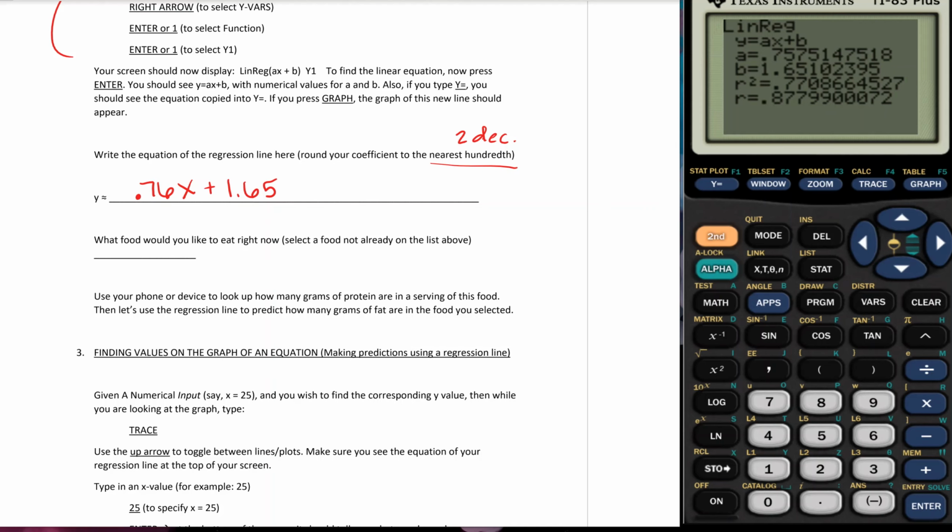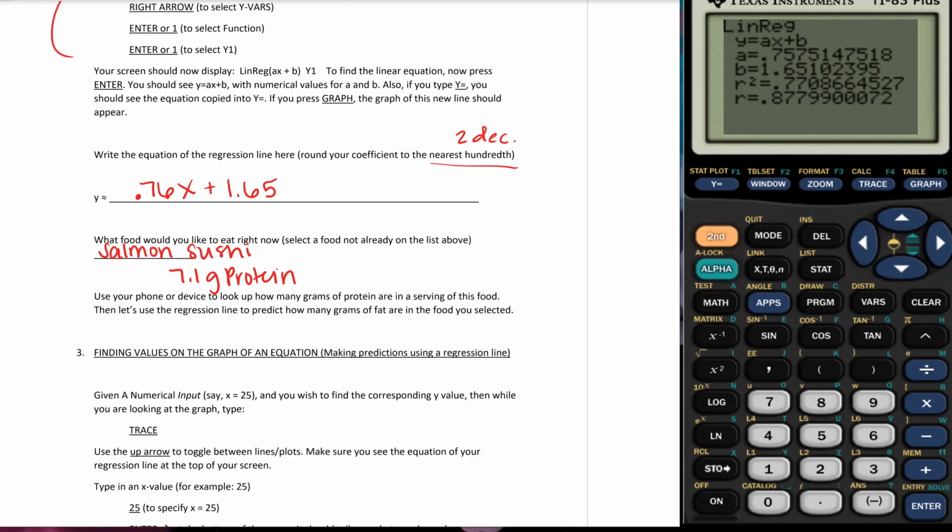Now, it says, what food would you like to eat right now? We're going to select a food, any food. In this case, I'm going to say, I want some salmon sushi. All right, so I'm going to look at salmon sushi. I've already looked up what the protein content is in salmon sushi, and it actually is 7.1 grams of protein in a serving size of sushi.